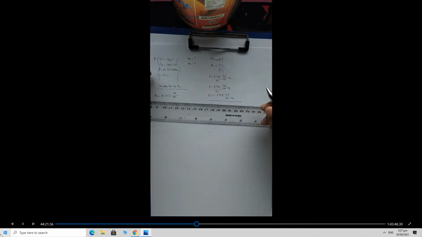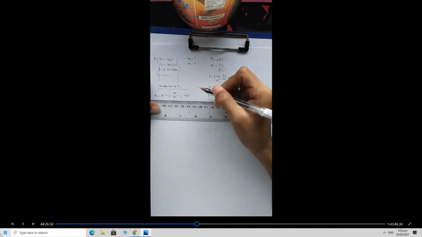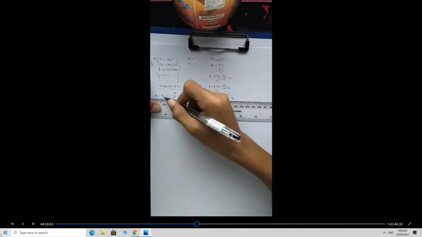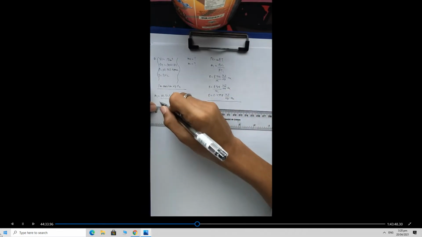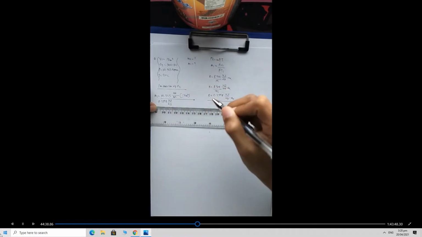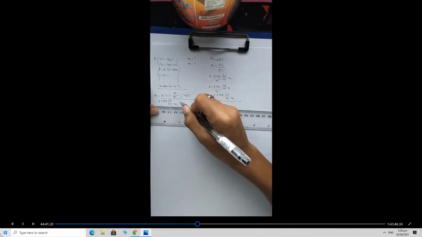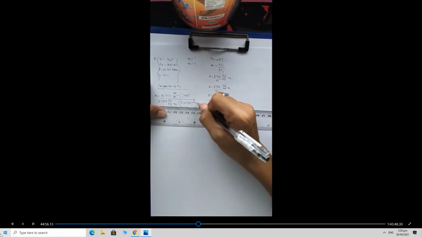And then the volume 1 is also given, 17 meter cube, dividing this one by our gas constant, 0.2598 kilojoules per kilogram degree Kelvin, and then multiplying this one by our temperature. Temperature 1 is given as 21 degrees Celsius, so we need to convert it to Kelvin by adding 21 plus 273, and the unit will now become Kelvin.